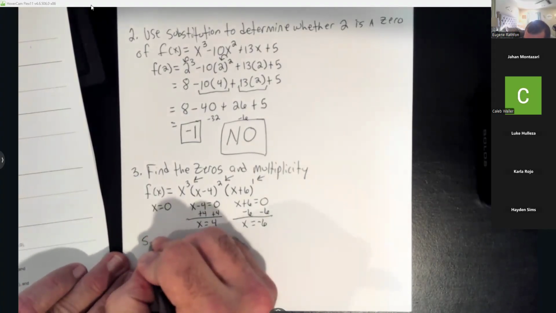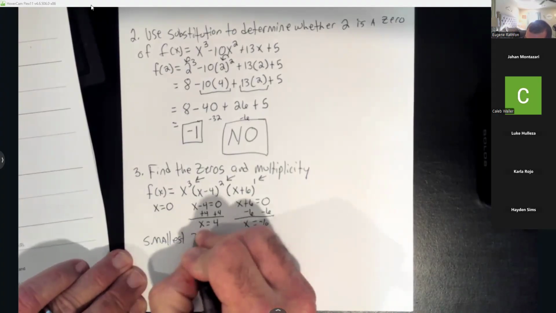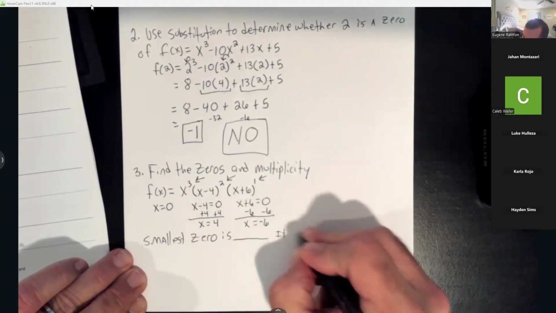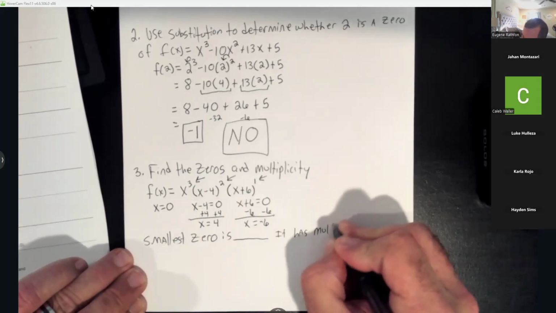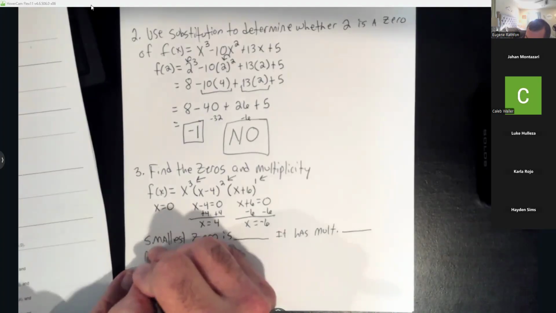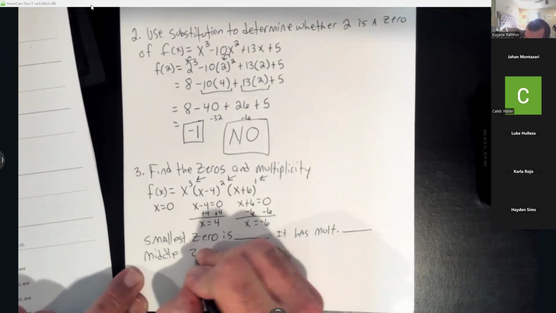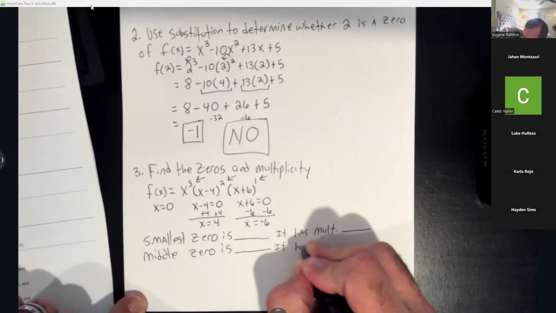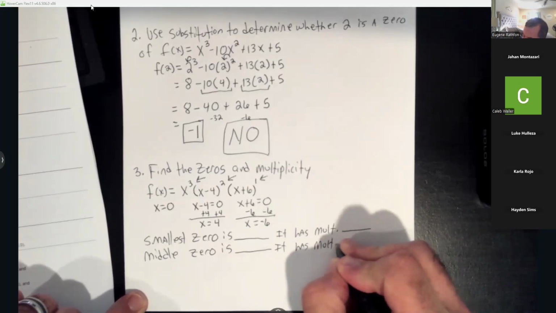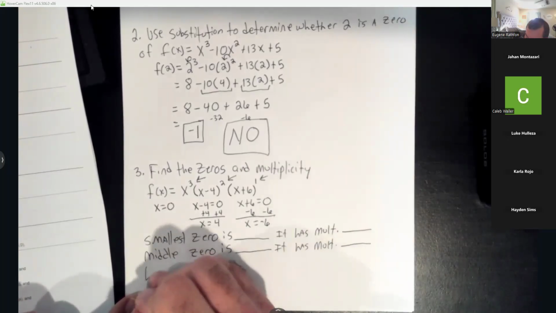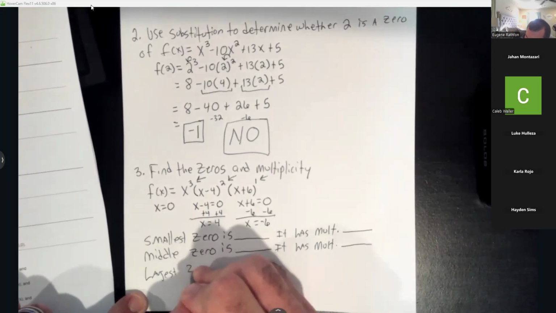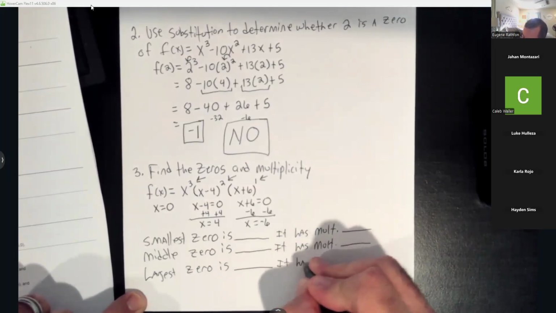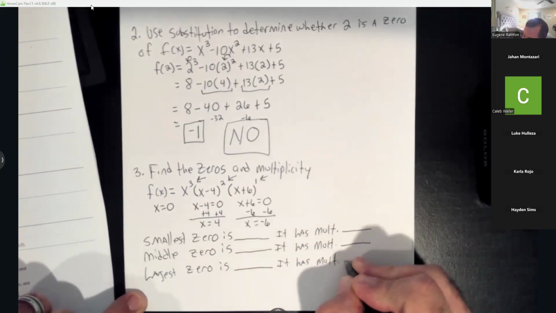So MATLAB will come in and say the smallest zero is blank. It has multiplicity blank. The middle zero is blank. It has multiplicity blank. And then the largest zero is blank. It has multiplicity blank.